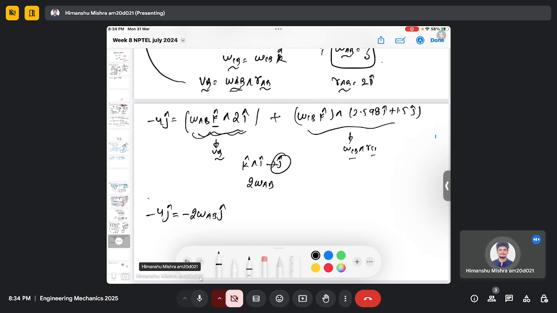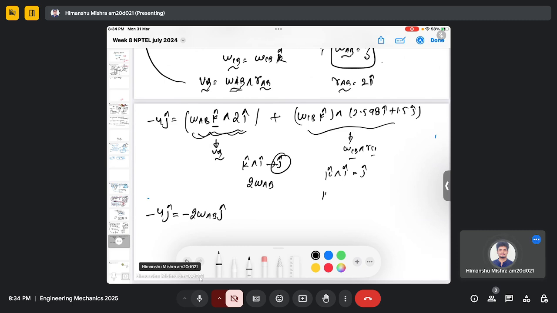Similarly, if you take a cross product between k into i, you will get something in j.